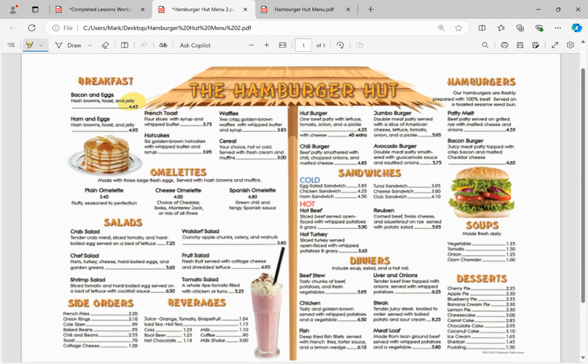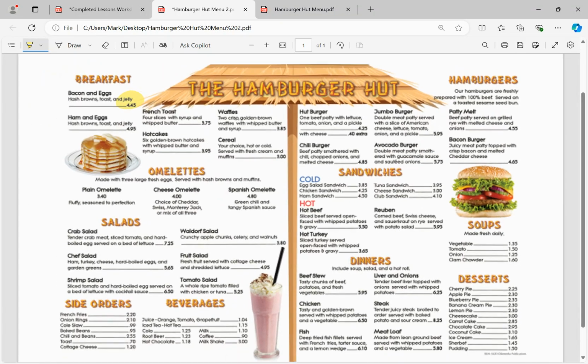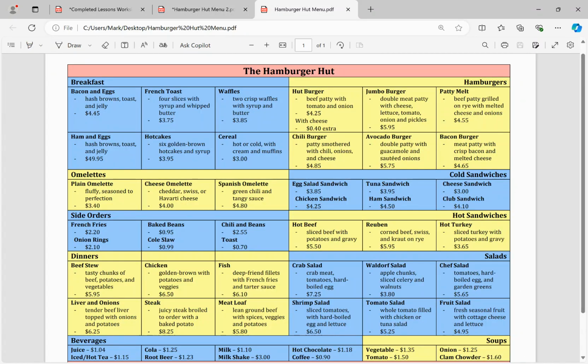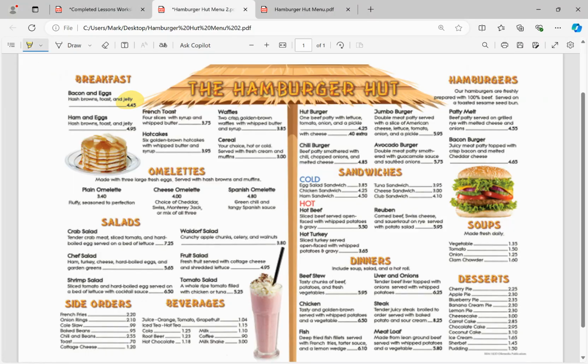Now, you'll notice, one, this sheet in your booklet is behind Lesson 2, and two, there are actually two sheets that are called the Hamburger Hut. Here's the second one now on the screen. Both of these sheets have the exact same information. Technically, this one is the original, but the quality isn't that awesome.